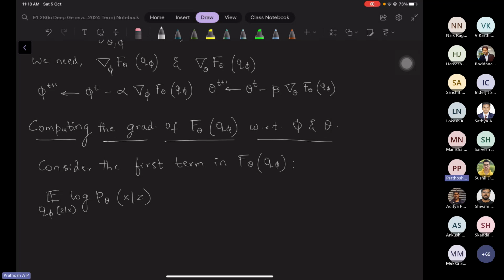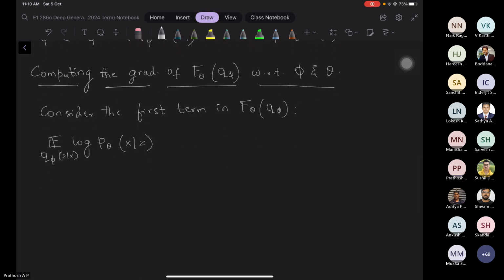Now, how does it look like? Suppose it looks something like this: you have an expectation of some function.